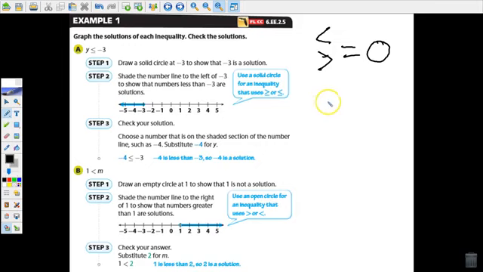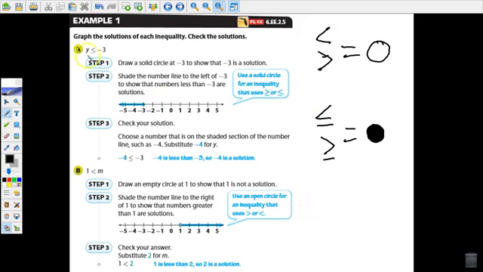Now I've got less than or equal to and greater than or equal to, and they equal a closed circle. What I mean by open and closed circles is that when I'm plotting them on the number line, the number that I plot the circle or the dot on is going to be open or closed.